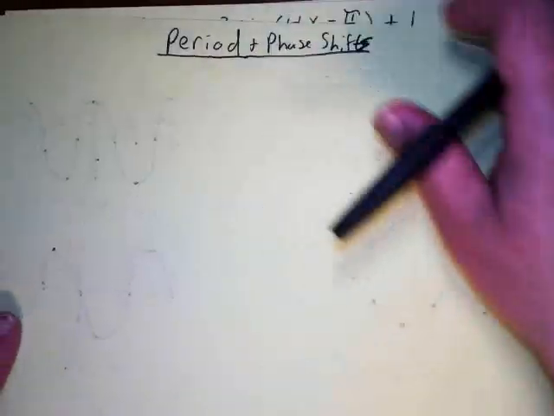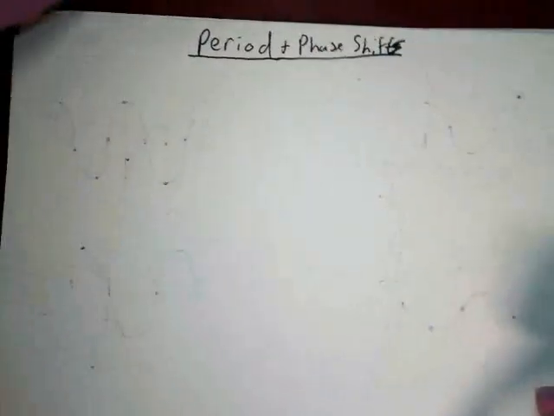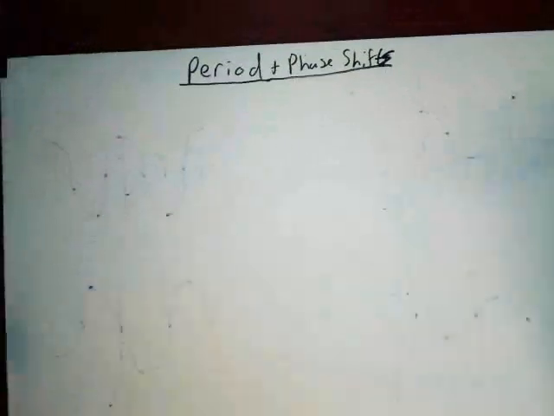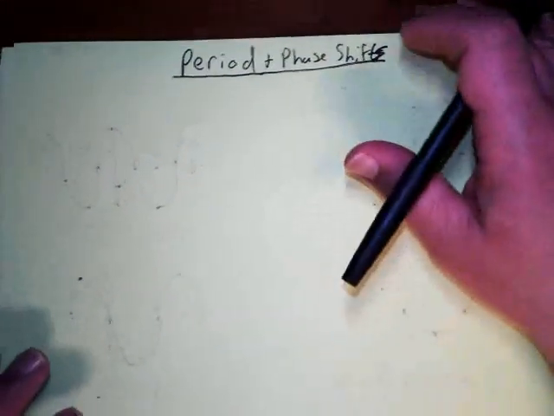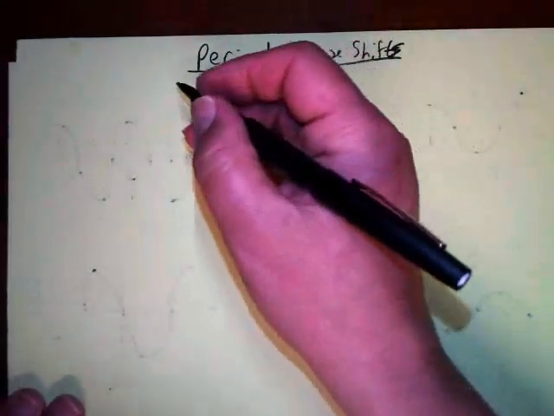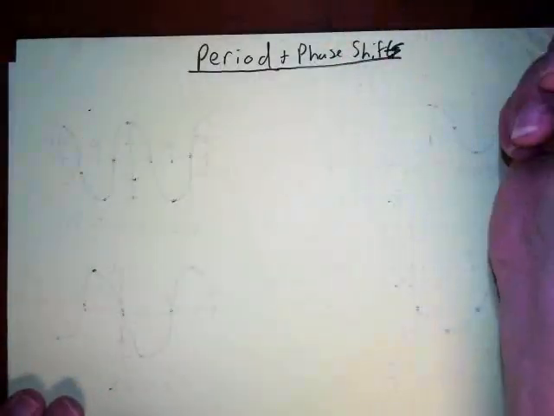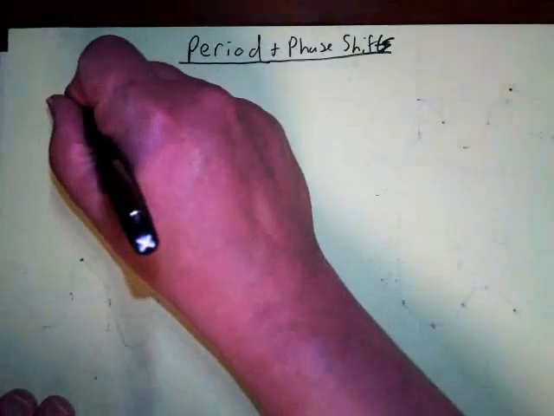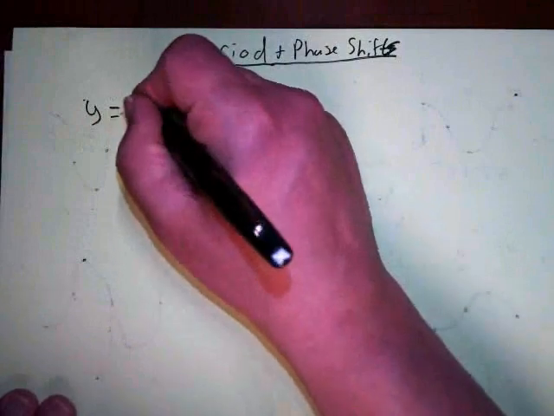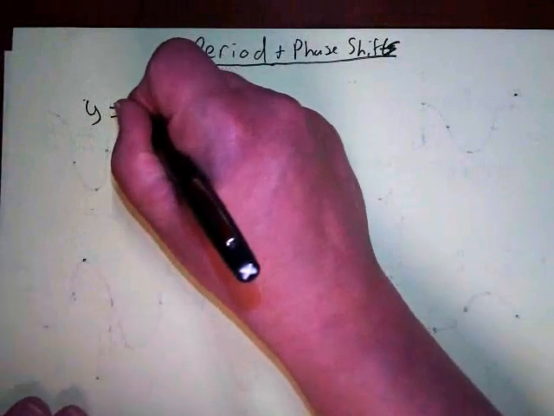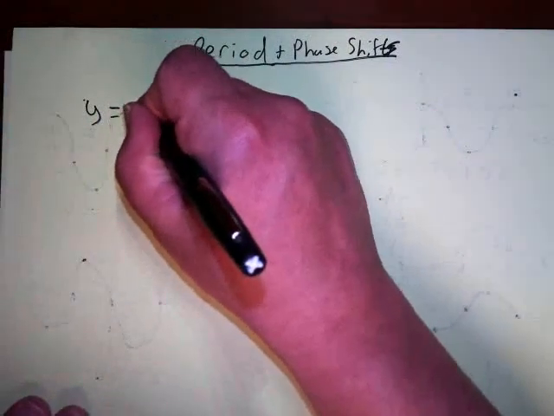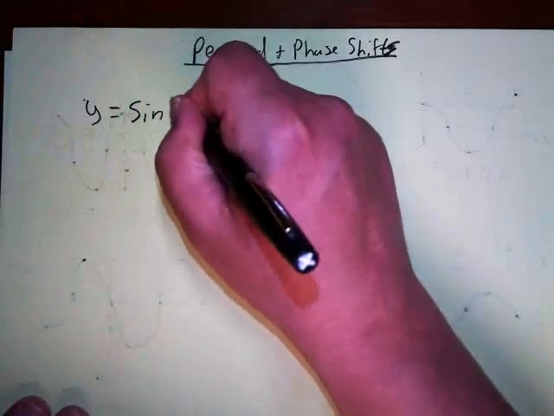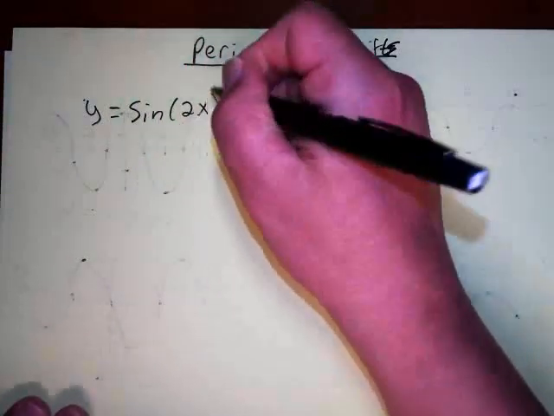Okay. So now there's also something called the period and the phase shift. So let's just look at a couple of these. Okay. So let's say I have y is equal to, we'll say, sine of 2x.